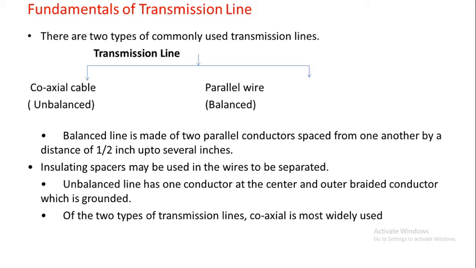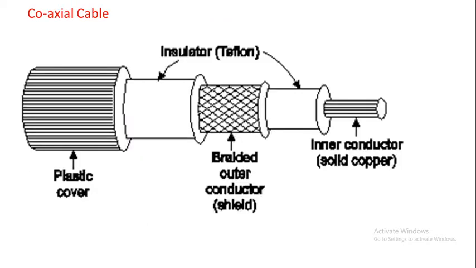In other words, a waveguide is nothing but a transmission line; then fiber optics, then waveguides. These are the different types of waveguides. So one is balanced and the second one is unbalanced, and we are concentrating on the coaxial cable.